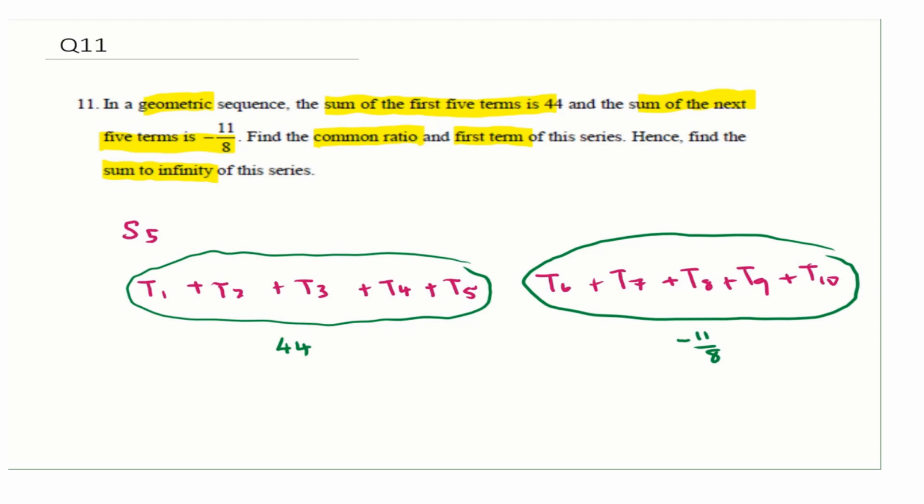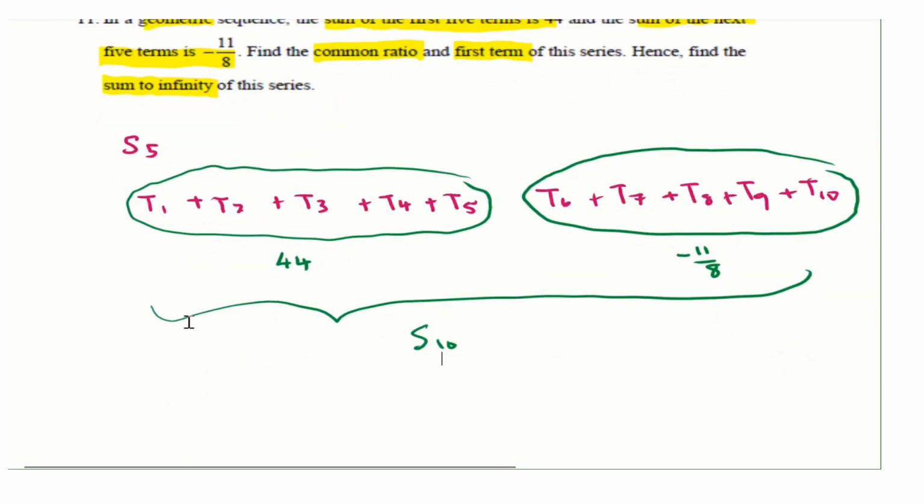Okay, if we combine these two circled parts, we add them, this is S10, because T1 plus T2 plus T3 plus T4 plus T5 plus T6 plus T7 plus T8 plus T9 plus T10 is S10. Since we need to find two things, the common ratio and the first term, we need two pieces of information. The first is S5 equals 44, and the second is S10, which we get by adding the two circled sums: 44 plus negative 11 over 8.